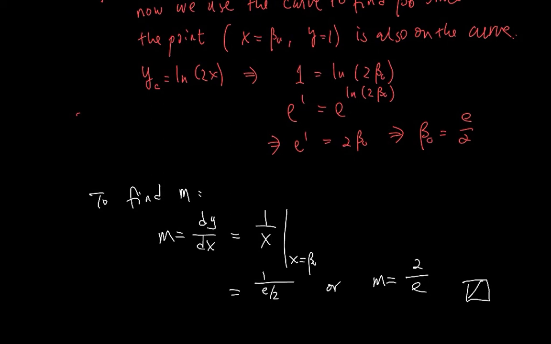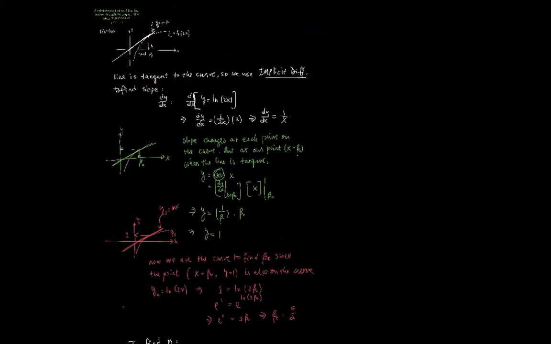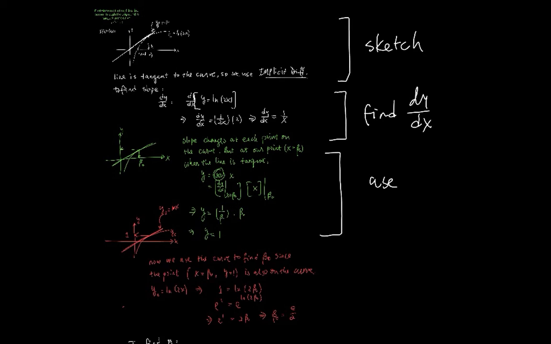Now, this problem does look pretty involved. Let's take an overlook to see what we actually did. We did a sketch to see, okay, I have two curves. I'm looking at the intersection point. I'm going to use this new pair of shoes called implicit differentiation, pardon me. And I find the slope, dy/dx. And then I use the line to say, all right, since it's a line, I know what the slope is. I don't know what beta 0 is, but I'm going to use it anyway.